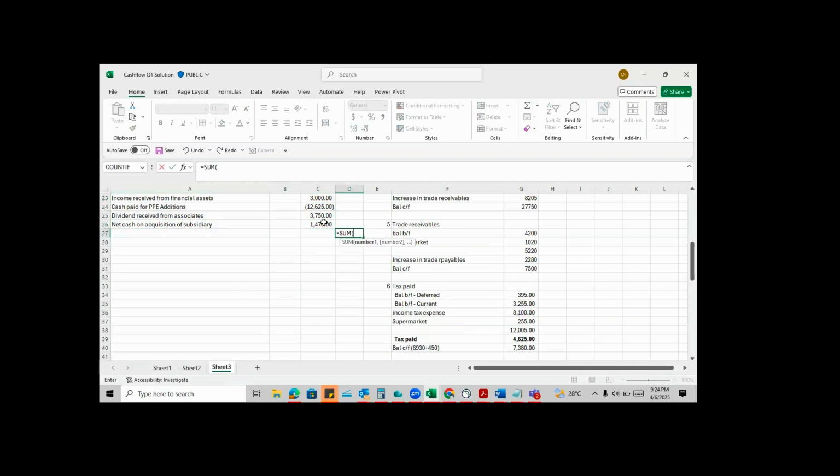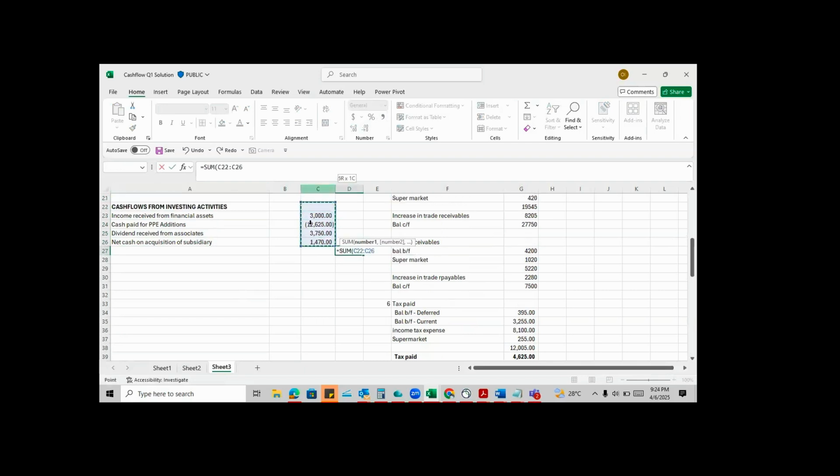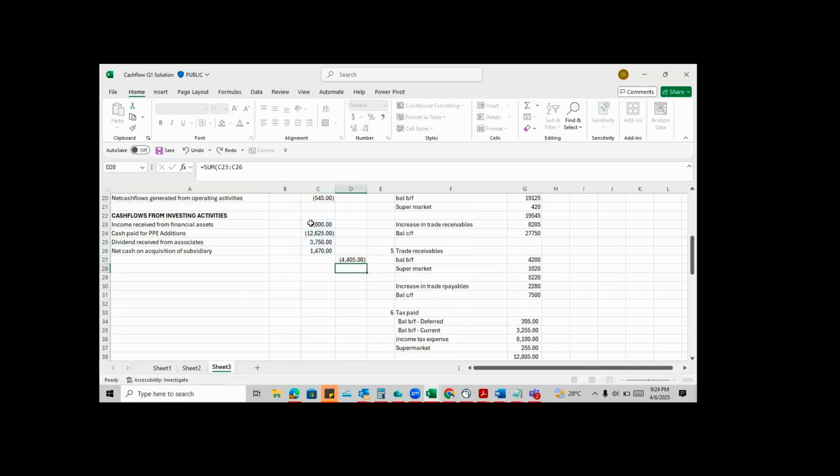This will be our net cash flows from investing activities. All right. Here it's a minus, so I'll call it net cash flows. I won't say generated, I'll say used in investing activities.